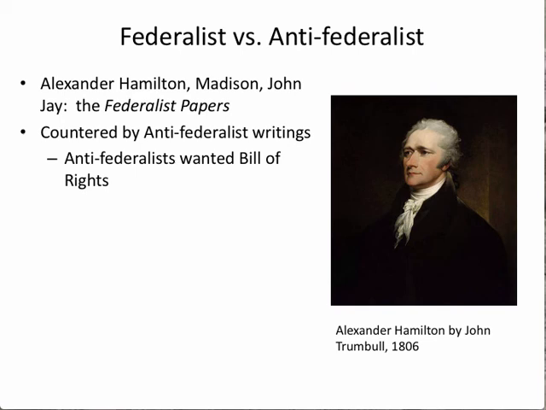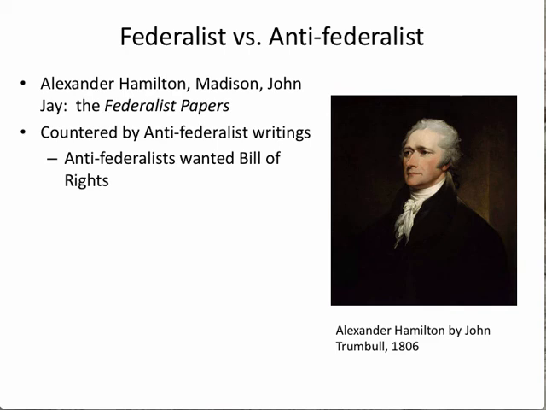But one of the main concerns that Anti-Federalists had was the lack of protection for individual rights in the Constitution. And you have to understand that when the Constitution left the convention, it did not include the Bill of Rights that we're all familiar with today. The Bill of Rights is actually the first 10 amendments to the Constitution, and those were added later after the government actually got started.